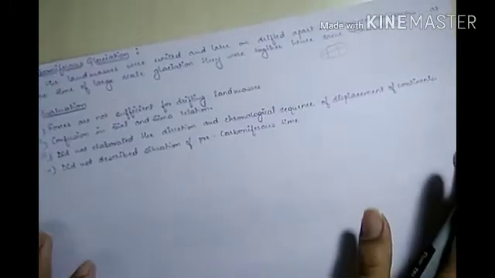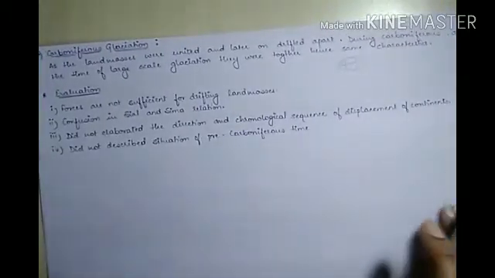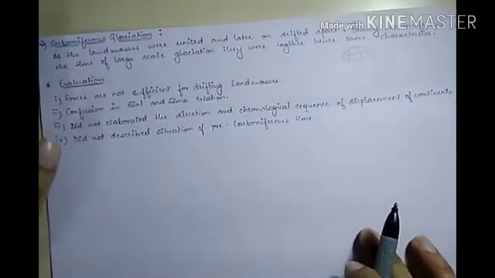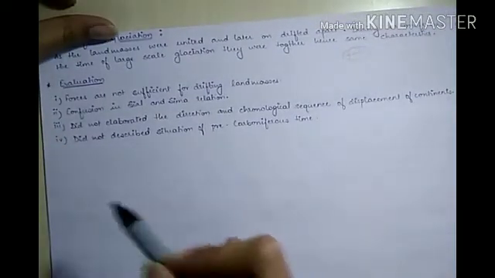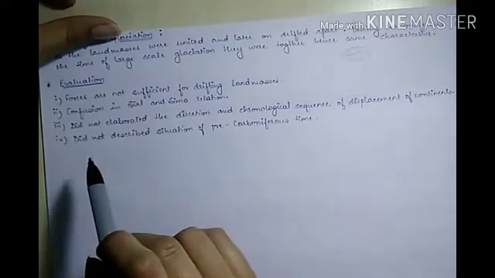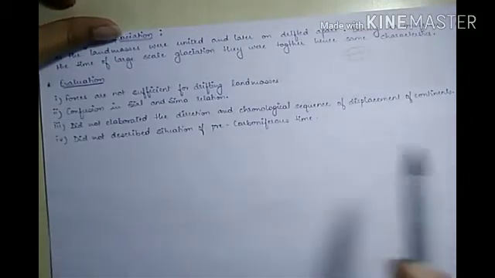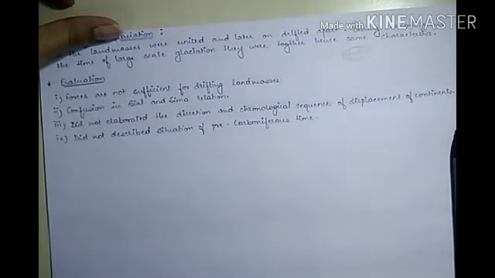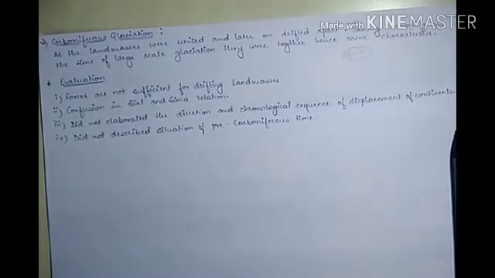Now, this is the whole process of this continental drift theory. Now, evaluation of the theory. Actually, this theory had many criticisms because Wegener was not able to explain many things. Like, first thing was the forces.